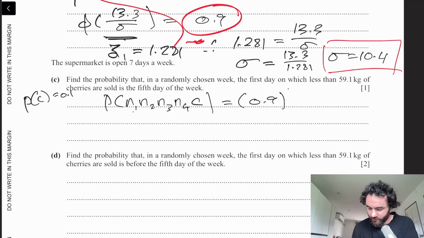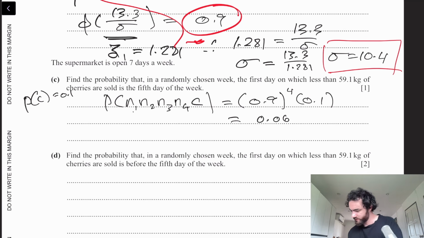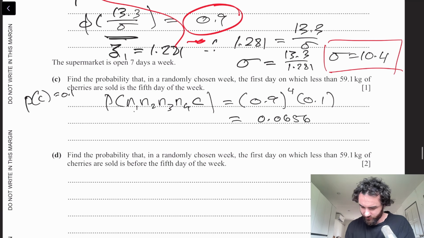So 0.9 to the power 4 times 0.1. So 0.0656. So the probability is equal to 0.0656.